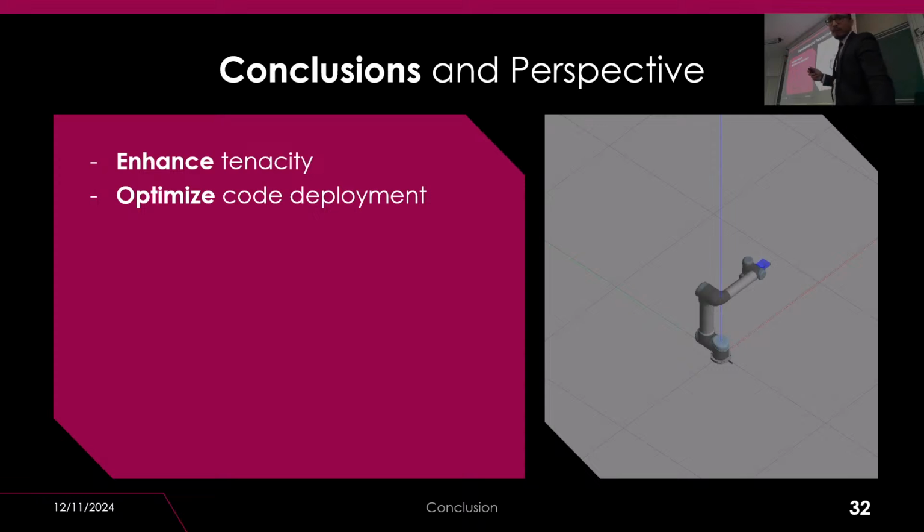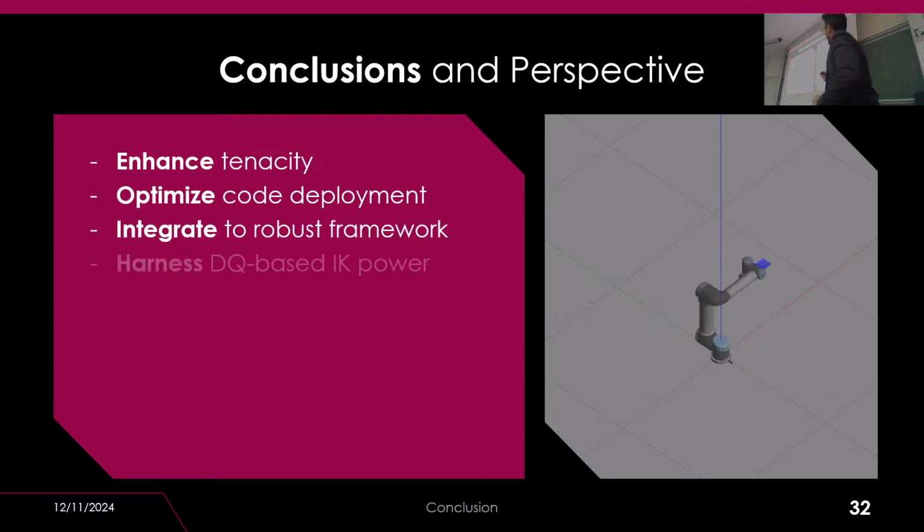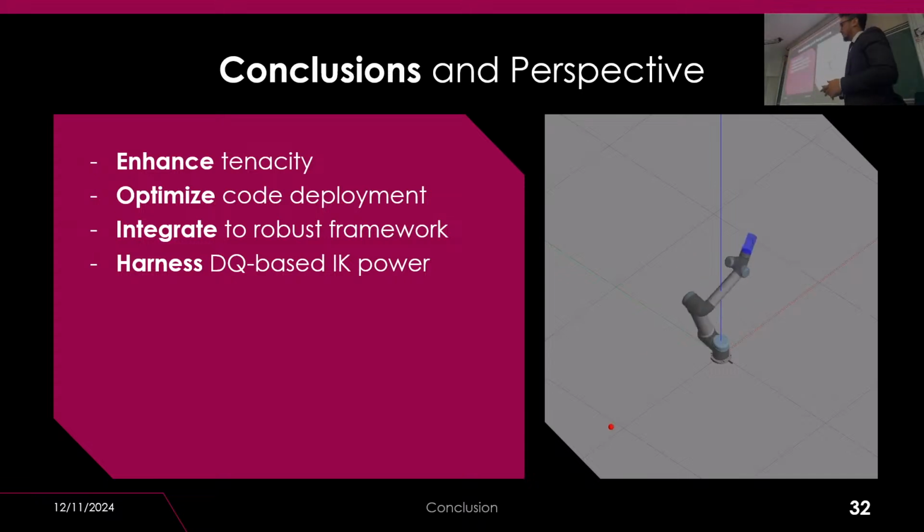Then we have the integration of a robust framework that considers perhaps a library of primitives and movements, as well as movement planning and many other interesting characteristics for the industry.